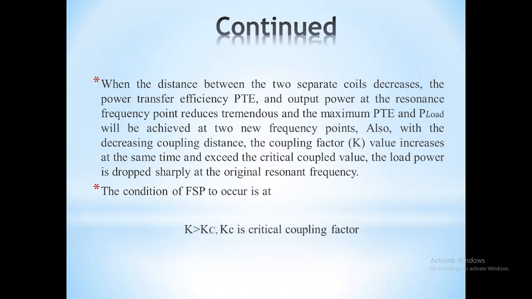This makes the maximum power transmission efficiency achieved at two new frequency points, above and below the resonance frequency. So the condition for frequency splitting to occur is that the coupling factor becomes higher than the critical coupling factor, and later in the results we will show clearly how the frequency splitting phenomenon occurs.